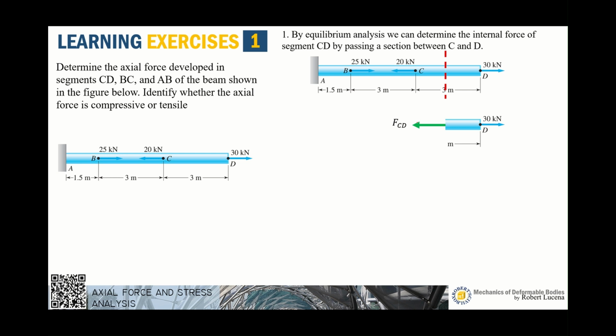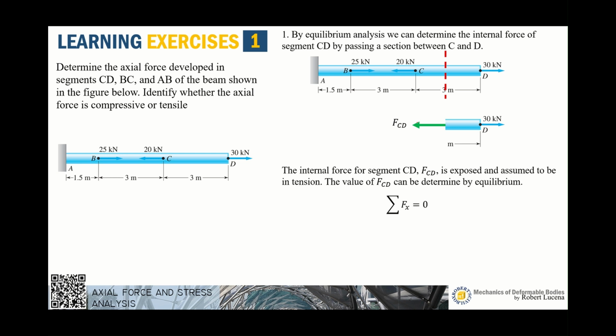We have 3 equations of equilibrium, but for this case, we only need one of them, that is summation of forces along X. Now the internal force for segment CD, which is FCD, is exposed and assumed to be in tension. It is assumed in tension because it is acting away from this plane. So it pulls the cross section, causing this segment to elongate, and that's the behavior of a tensile force.